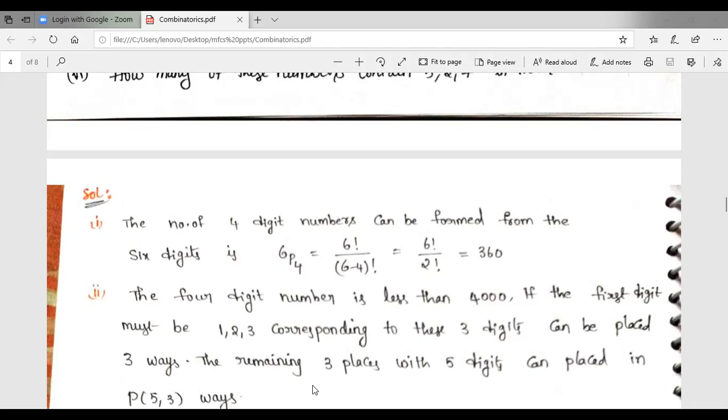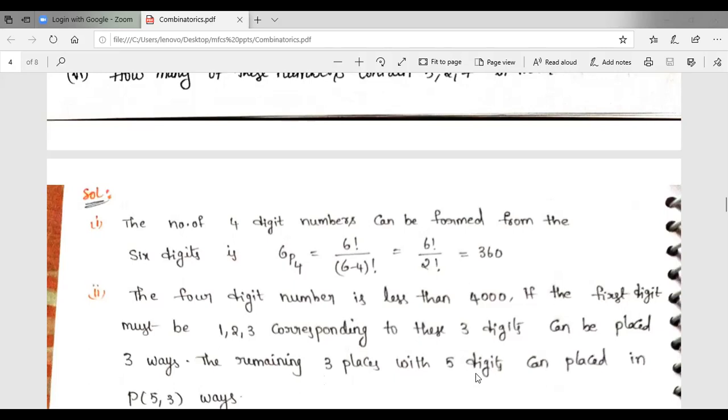Then the remaining digits, how many digits are there to fill up? 3 digits. How to fill these 3 digits? Using the remaining digits. So for these 3 ways, the remaining 3 spaces can be filled up with the remaining 5 digits.